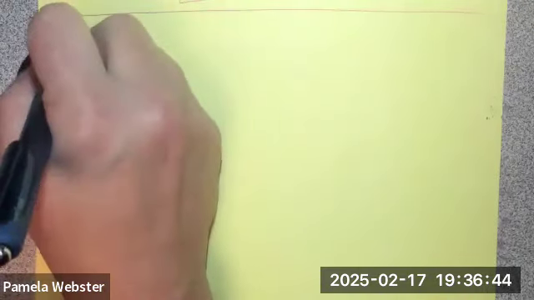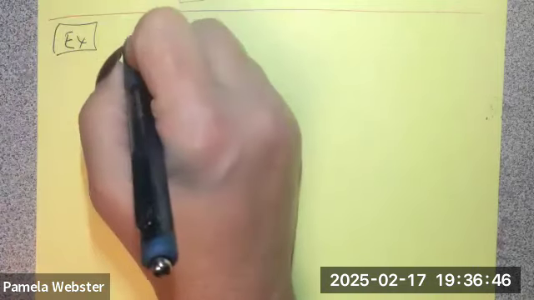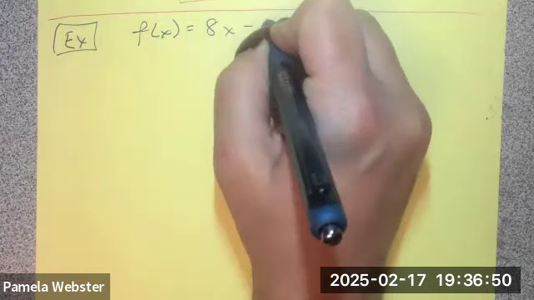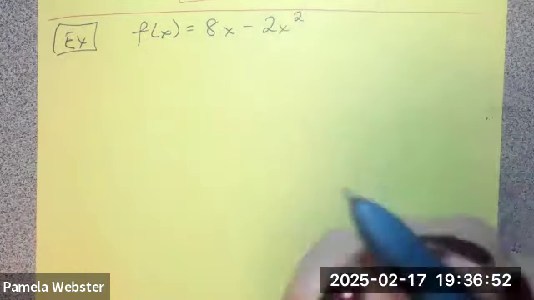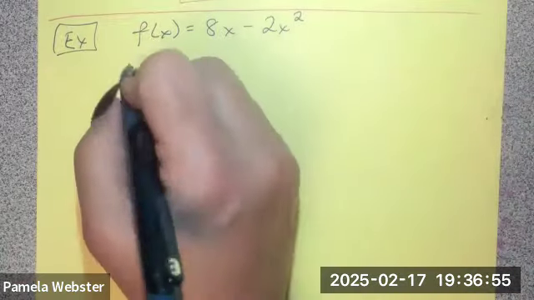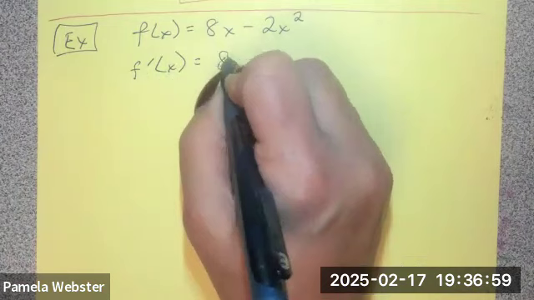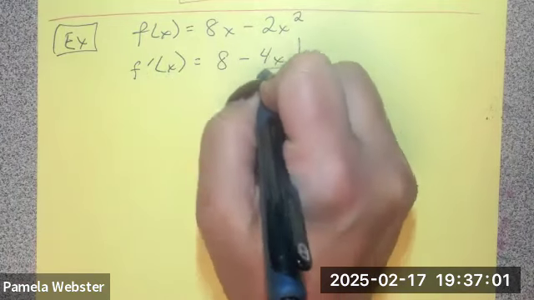I have a couple of special cases that I would like to show you. What about if this happens? What about if that happens? Let me give you one more example. I'm not going to work it out. f of x equals 8x minus 2x squared. I want you to work that out, and I'm going to tell you right now, I think the derivative should be 8 minus 4x.